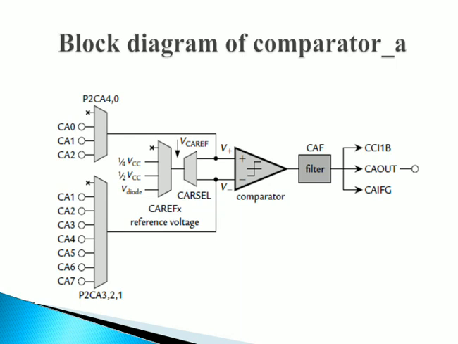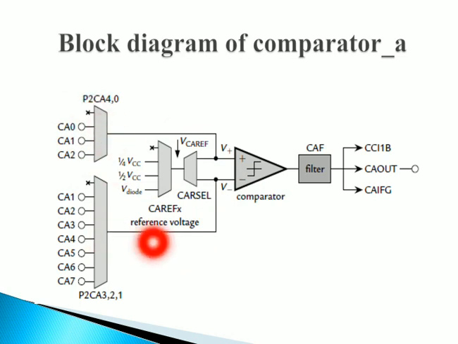And the non-inverting input V+ is connected to external signals, that is from CA0 to CA2, or left without any connections, and an internal reference voltage can also be connected to V+. Now the inverting terminal, this was about the non-inverting terminal.